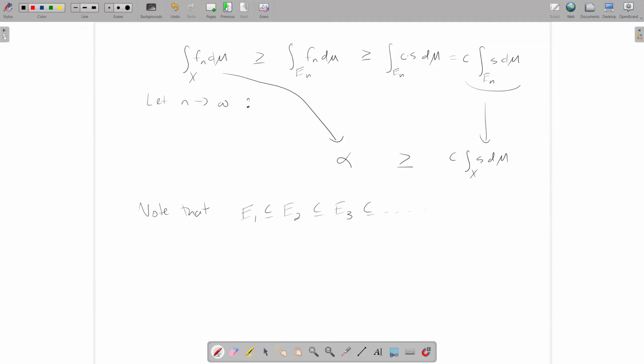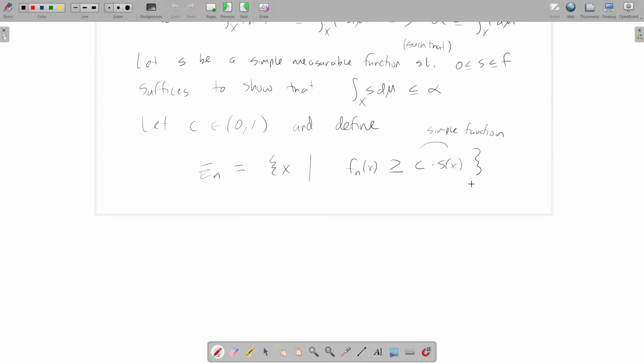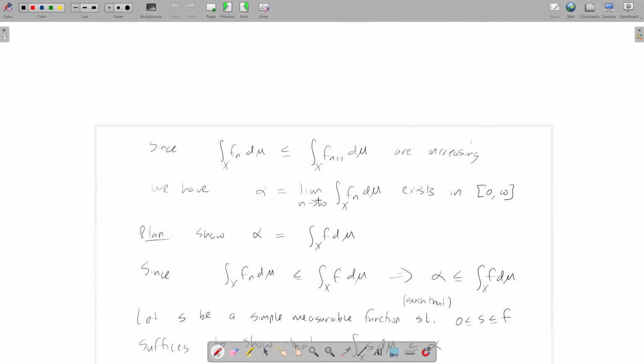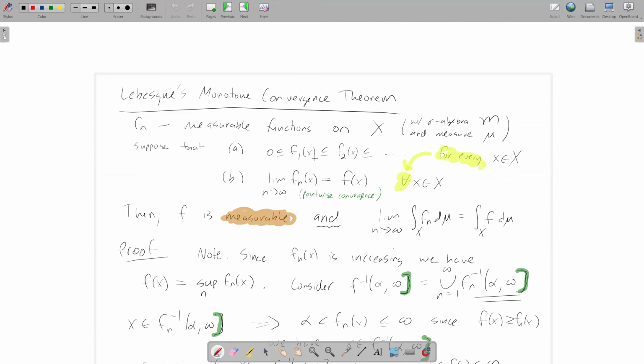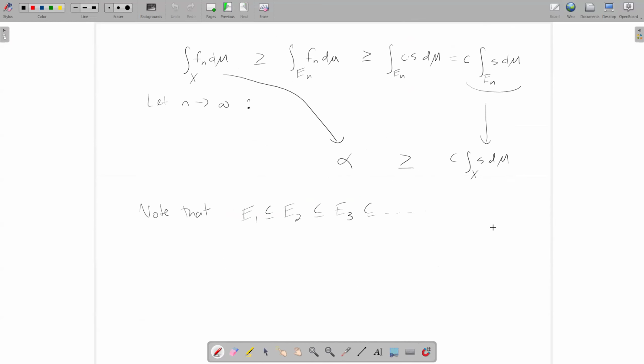Go back to the definition of these E_n. Remember that f_(n+1) is greater than or equal to f_n. So if x is in E_n, x is in E_(n+1), just by the monotonicity. Remember we started off with a monotone sequence here. Maybe I should have put a third one to make that as clear as I can. So these are nested.